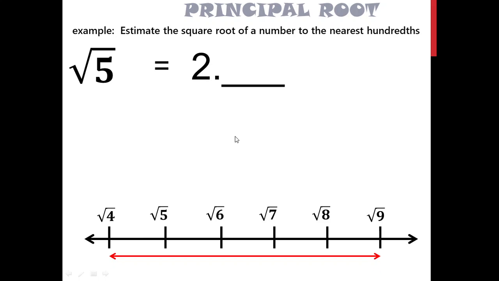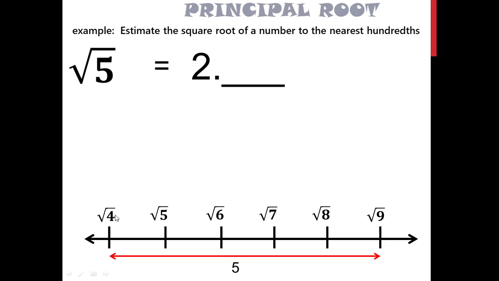Now, one technique that I'm using to get the principal root of this one is a number line. The first step that I'm going to make is to compute the distance from my first perfect square going to my next perfect square.